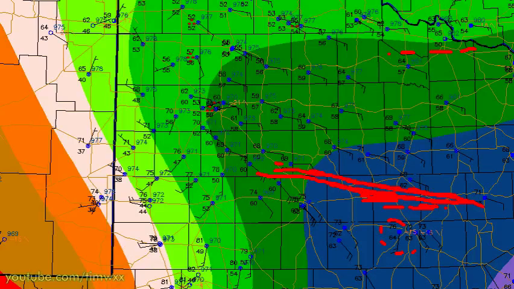And it's possible we may have another boundary up here, but up in this region is actually pretty cool. 57 there. I don't know what station that is right there. 60 here. Yeah, this is all fairly cool air. So I really think maybe the main boundary is down in this region, so just north of I-20.